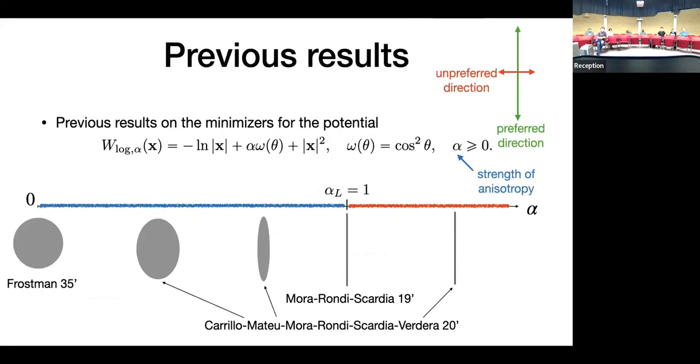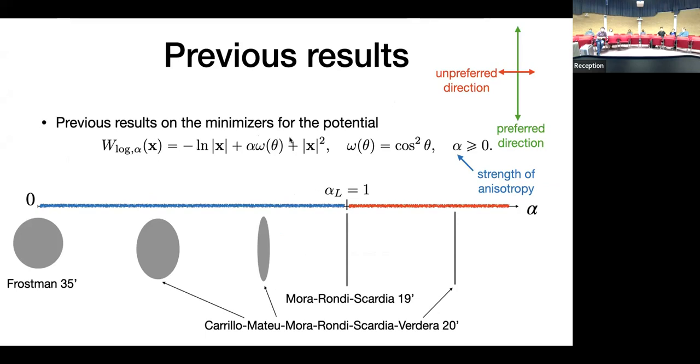Okay, so there have been some previous results on the logarithmic anisotropic interaction energy. What people have already considered is just one particular case for the anisotropic part. That is, when your anisotropic part, the capital omega of theta, behaves like some constant times the little omega of theta.